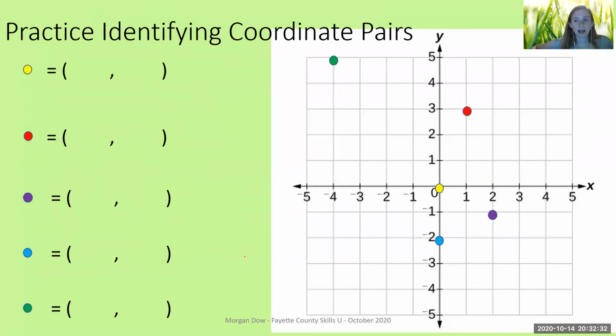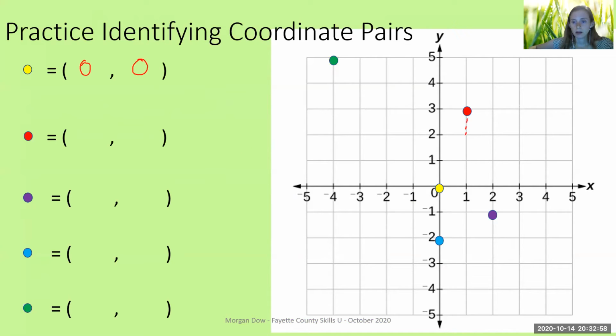So let's get some practice with identifying coordinate pairs. Let's start with the yellow point in the middle here. Well, this point is at the origin. It's sitting at 0 on both the x-axis and the y-axis. So this would be point (0, 0). What about the red point?